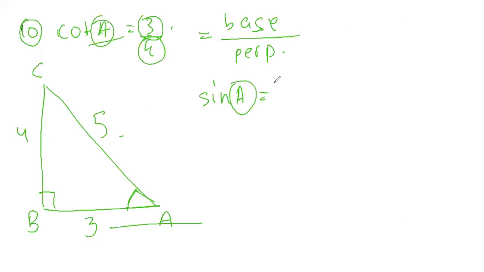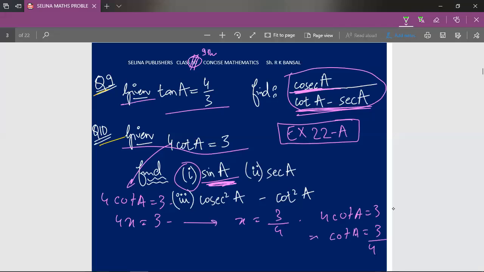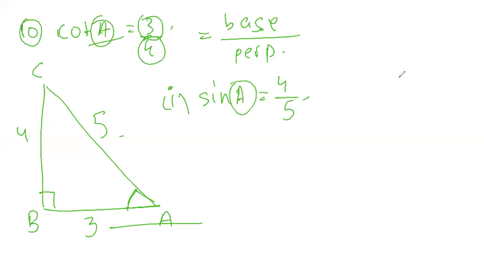Next, secant A. Secant A basically means 1 upon cos A, and we find cos A with respect to angle A, base upon hypotenuse, 3 upon 5, and the reciprocal of that value will be secant A. So secant A will be equal to 5 upon 3.